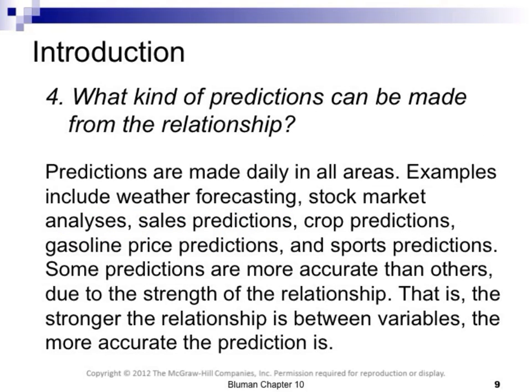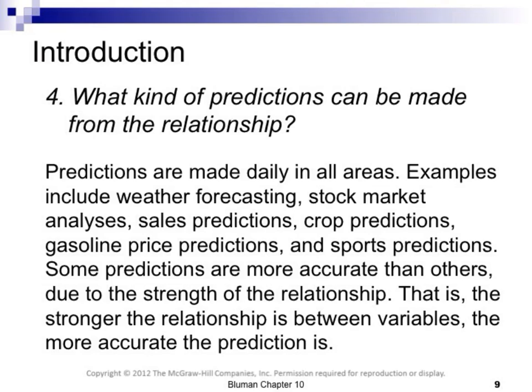And what kind of predictions can you make? Well, there are lots of predictions that are made all the time using statistics: weather forecasting, stock market analysis, sales predictions, crop prediction, gasoline price predictions. Futures markets are based on predictions. Some predictions are accurate, some are not accurate.